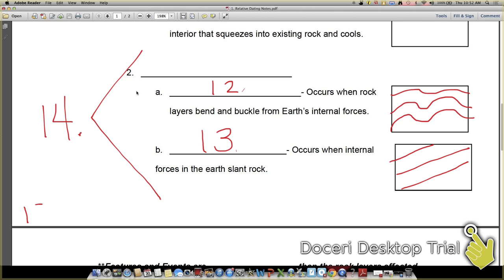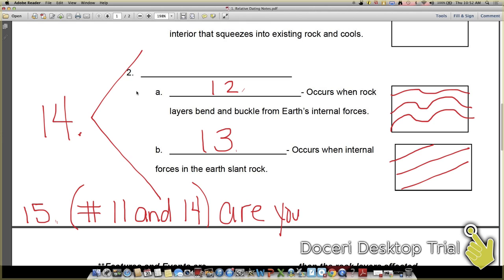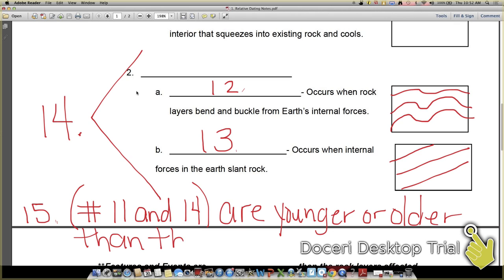For number 15, numbers 11 and 14 are younger or older than the rocks they affect.